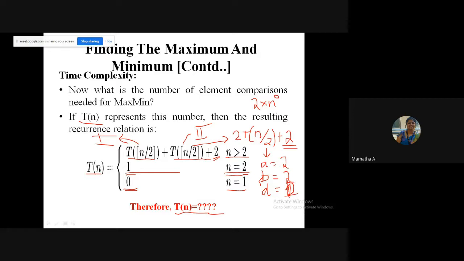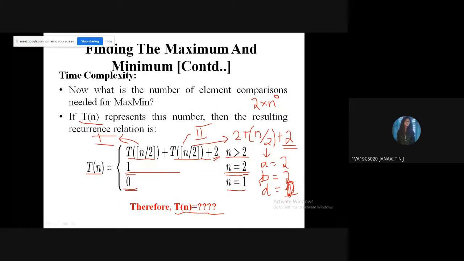D is 0 means? Which order of growth? We get A is equal to B to the power of D. D is 0, A is 2, B to the power D: 2 power 0 is 1.